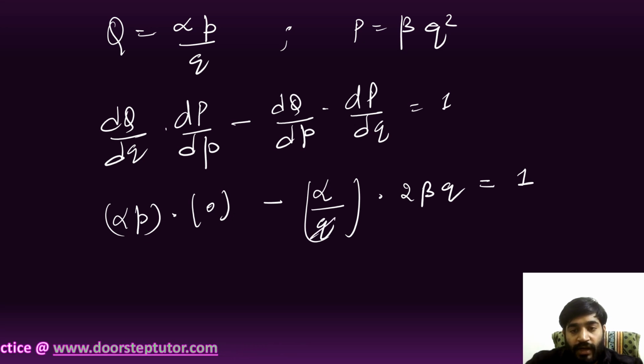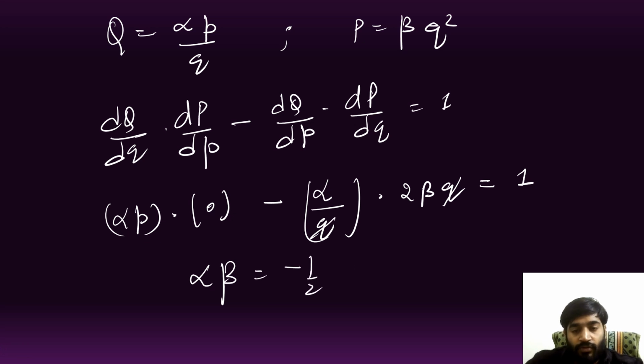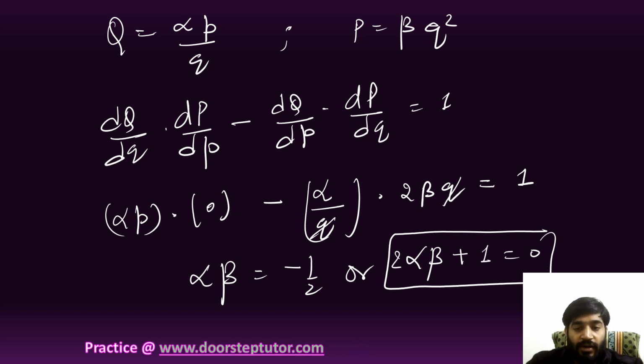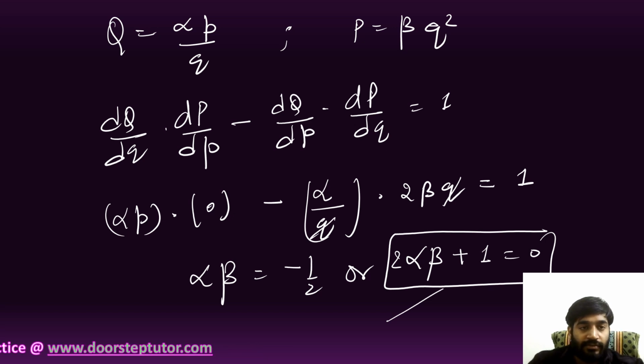Clear? So q gets cancelled out and the first term is 0. What we remain with is alpha beta must be equal to minus 1 by 2, or you can say alpha beta is plus 1 by 2. Either this or this, both are correct.